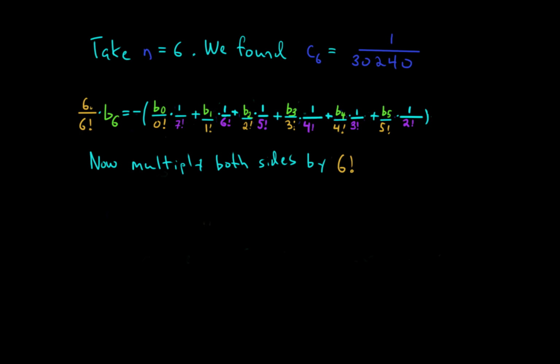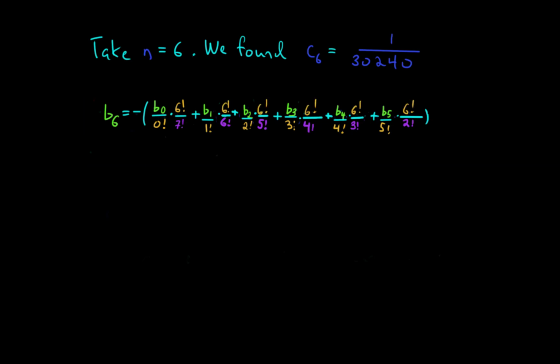So when I do that, I have 6 factorial over 6 factorial on the left-hand side. Those cancel. On the right-hand side, I'm distributing the 6 factorial to all of those terms. And then the next thing I'll do is factor out the leading term from each of the purple factorials that I've written, all the factorials I've put in the denominator.